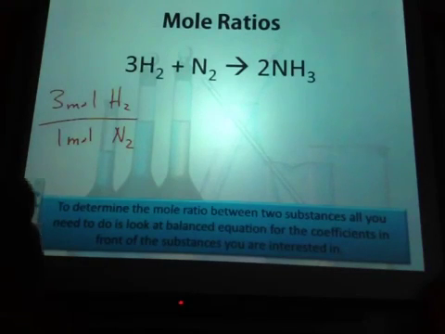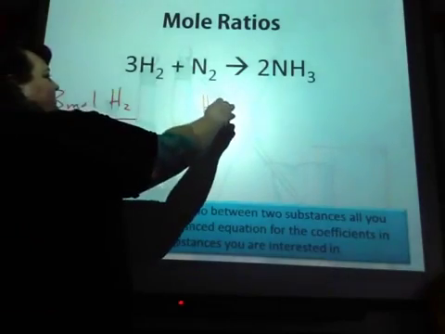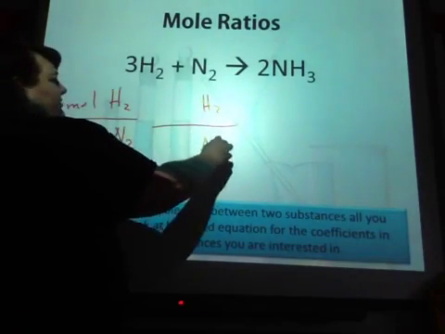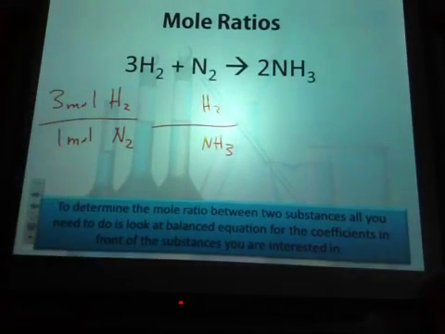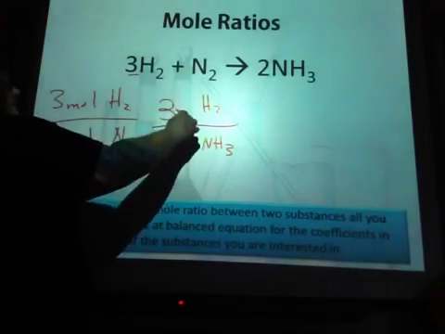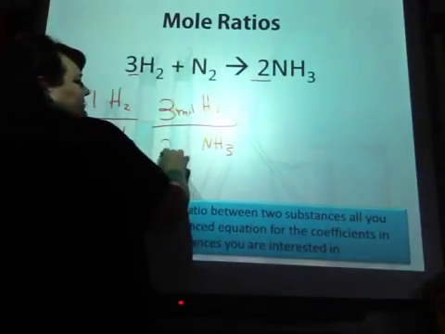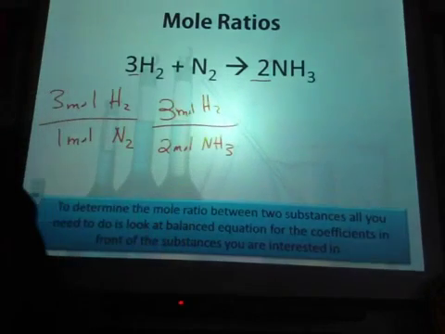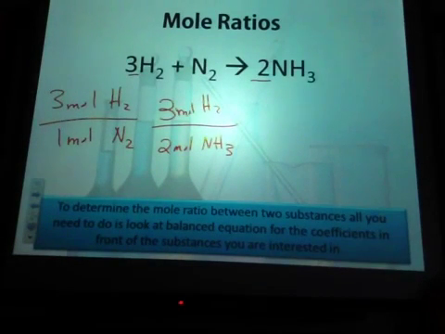What if we wanted the ratio from hydrogen to ammonia? What would be our mole ratio? So 3 moles to 2 moles. Okay, so we're just getting that from our balanced chemical equation.